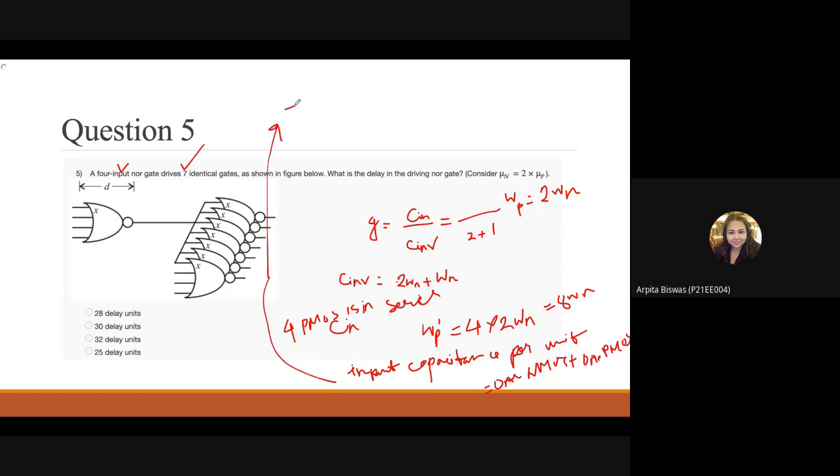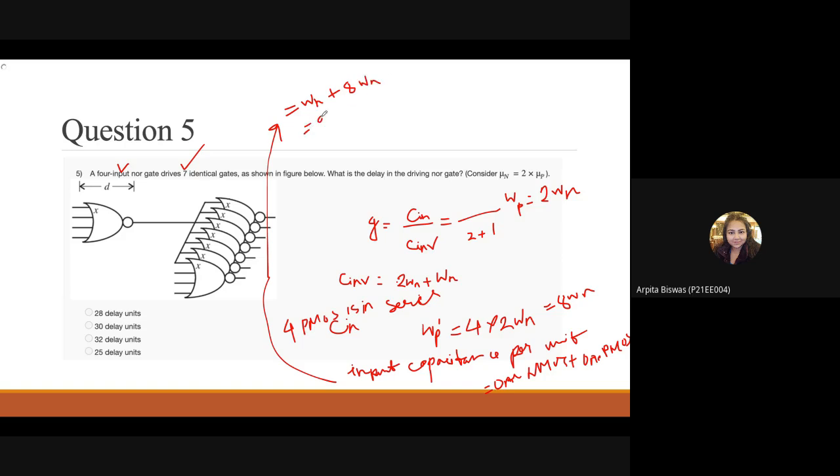For NMOS it is WN, and for PMOS per unit, this is 8 WN.